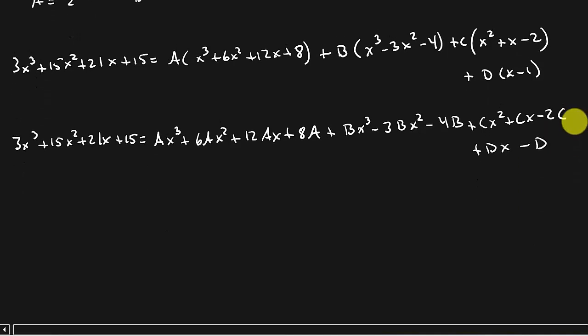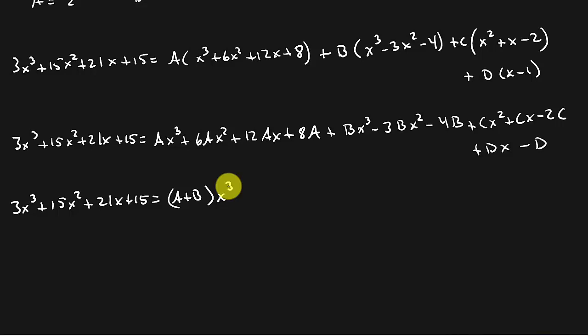All right, and then we want to combine the like terms together. So I get 3x cubed plus 15x squared plus 21x plus 15 equals. Now, you see how I have common terms with the x cubed? Well, that's a plus b times x cubed. I'll know if I made a mistake somewhere, and if I did, I'll let you know.